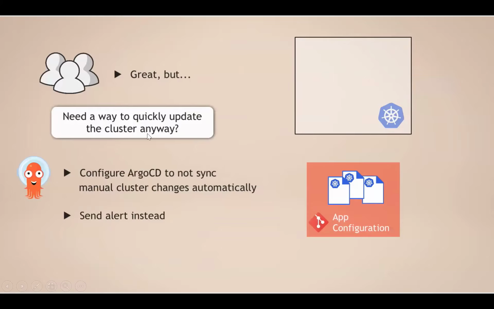So I need a quick way to update the cluster, and Argo CD can be configured so that it does not sync manual cluster changes automatically. If someone manually changes something here, Argo CD will not reflect it. Argo CD will only reflect in the Kubernetes cluster if anything changes in the app configuration, and send an alert instead. So if someone manually changes something, Argo CD will detect it and send the alert.